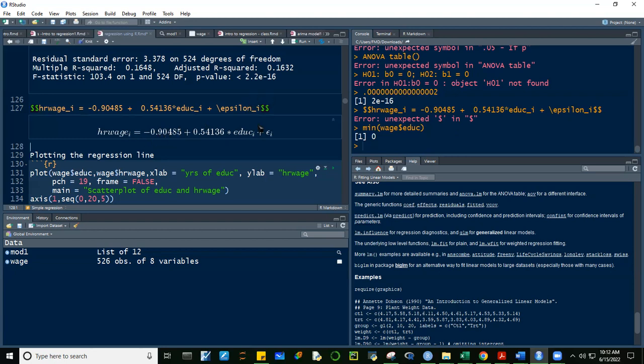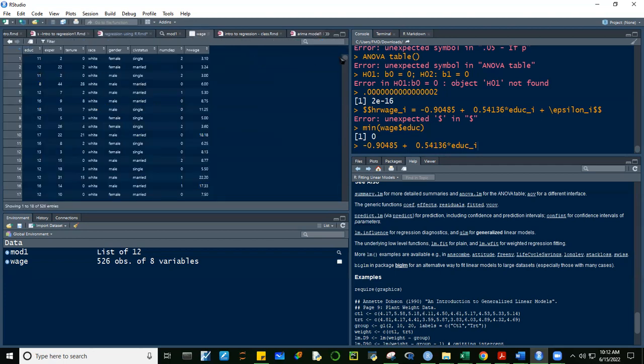Okay, so let's copy ko ba? Okay. I'm going to use this further. Copy ko siya. Okay, so what will be the hourly wage for a person number 1?